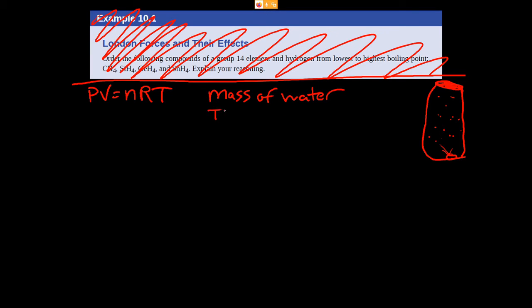and I think it tells you the temperature, and it tells you the vapor pressure of water at that temperature, because the vapor pressure of water changes from one temperature to the next.